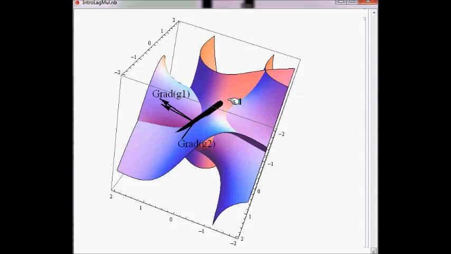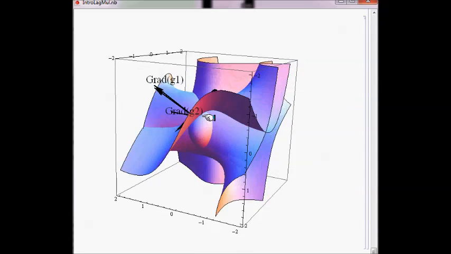Because this tangent line is part of the tangent plane. So if you look at G1, this thick black line is part of the tangent plane, therefore it's perpendicular. If you look at G2, that is perpendicular to the tangent plane because this tangent line is part of the intersection, so they are perpendicular to each other.